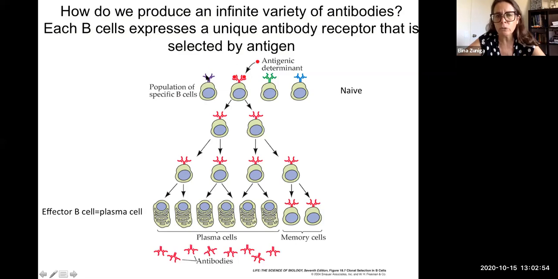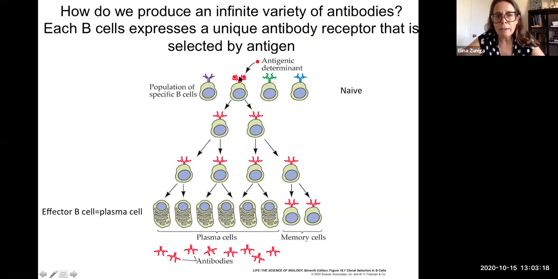Of course, this is a simplification. There are many copies of the same BCR all throughout the plasma membrane of a B cell, right? But it's only one type with one specificity in each naive B cell, and the same is true for the TCR in the T cell.